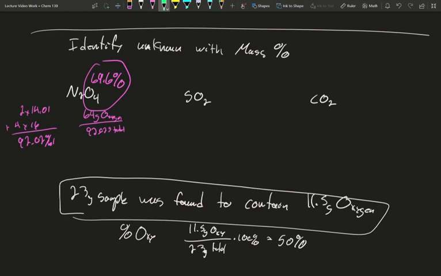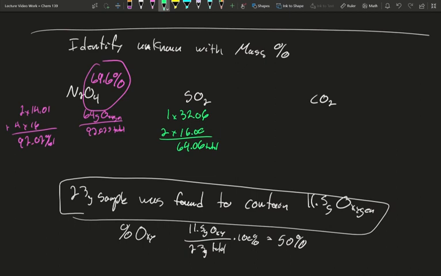Look at SO2. I've got 1 times sulfur, which is 32.06, and I've got 2 times oxygen, which is 16.00 each. This comes out to 64.06 total. If I had a mole of this, I would have 64 grams of sample.